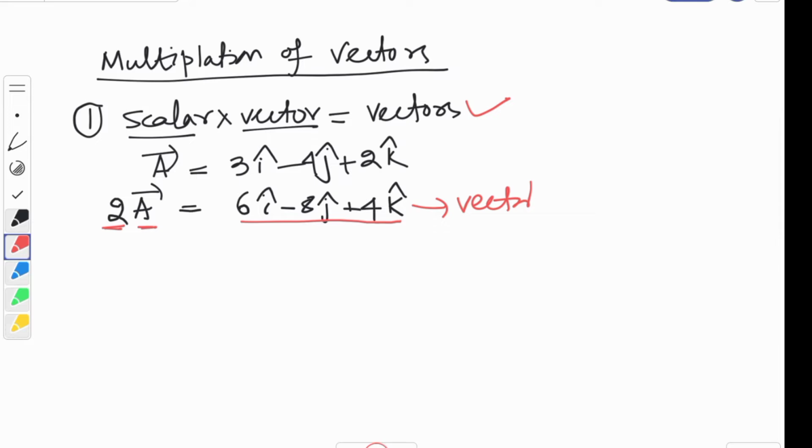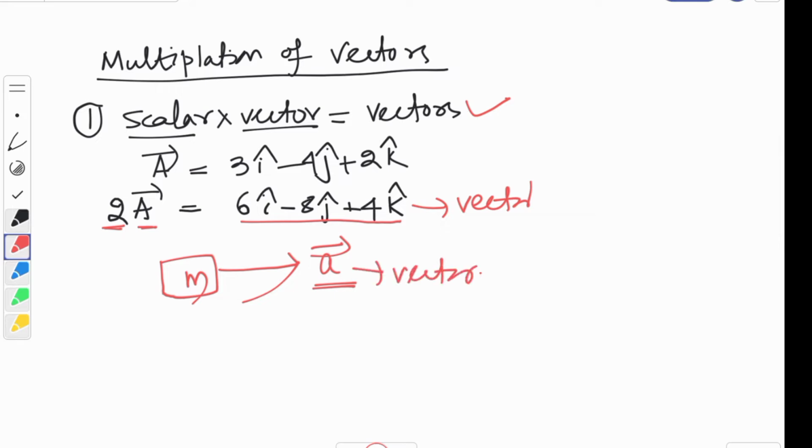Let us see it with a day-to-day example. Let us take an object having mass m. Now you are moving the object with acceleration a, and you know acceleration is a vector quantity.